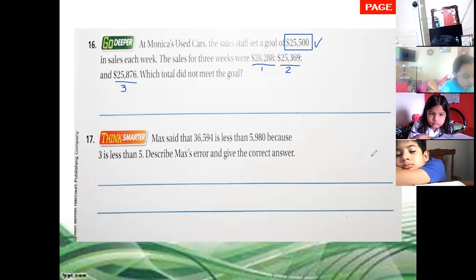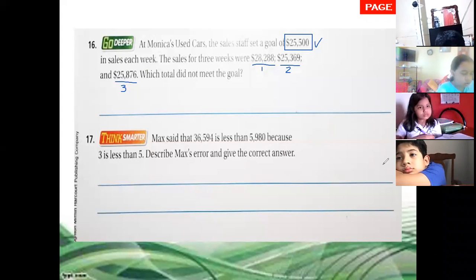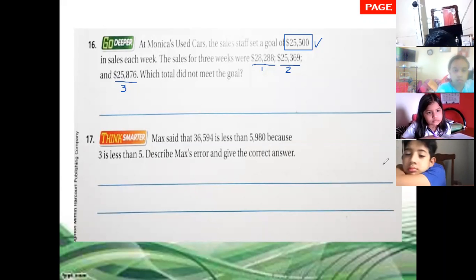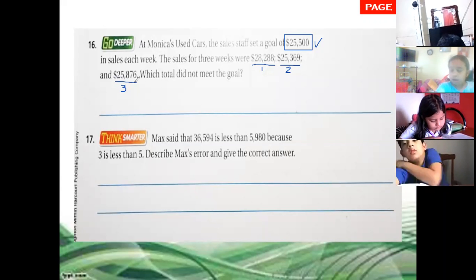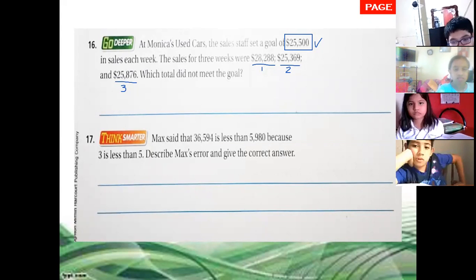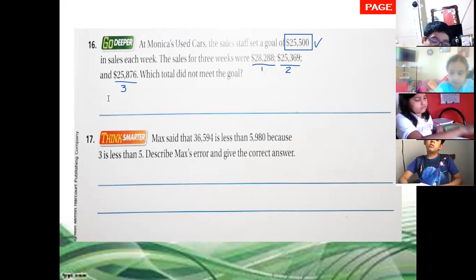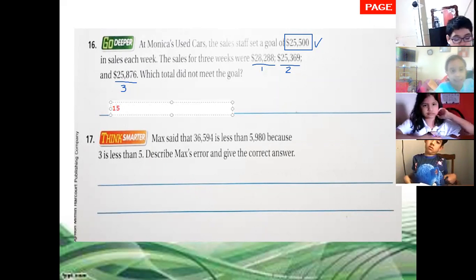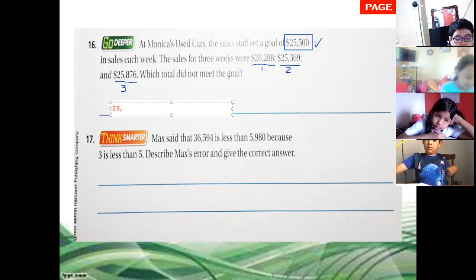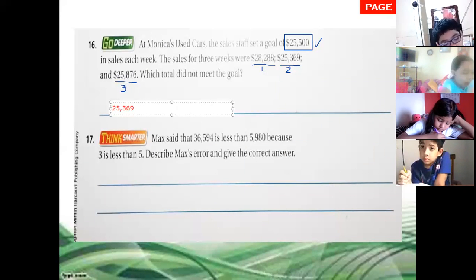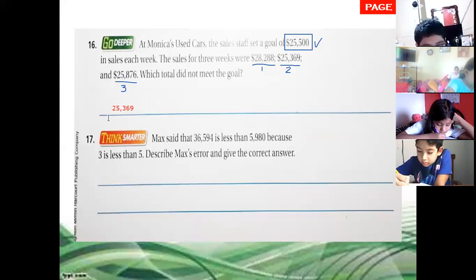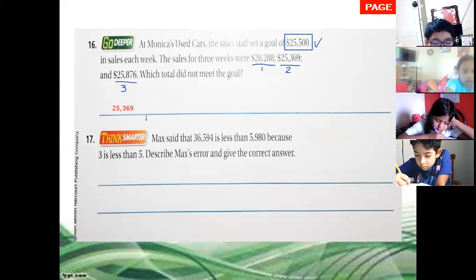Alan, what do you think is the answer? The number 1, the number 2, or the number 3? The number 2. That's correct. This one is less than 500. So this amount didn't meet the goal.